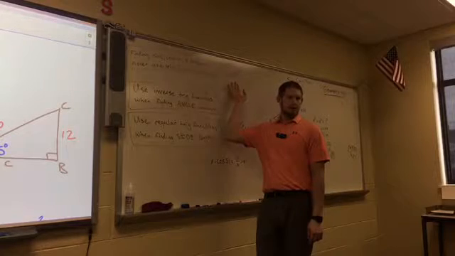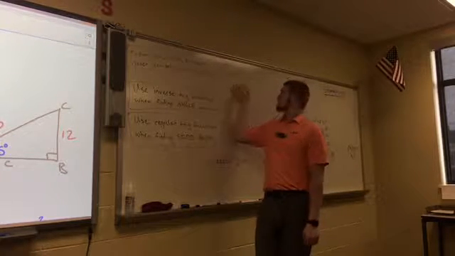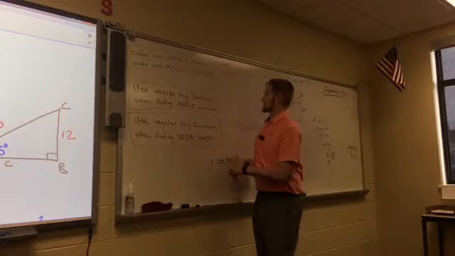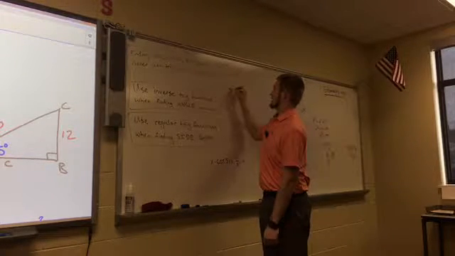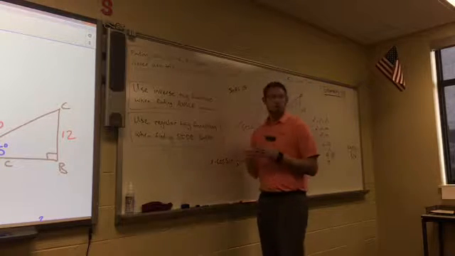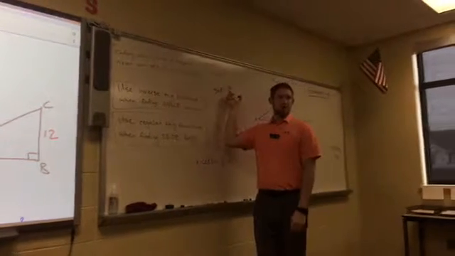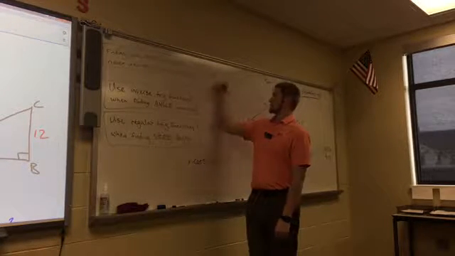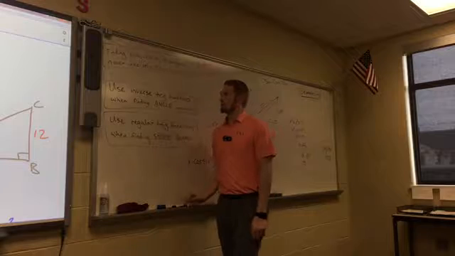What would you do to find the angle measure? It's going to look like sine of A equals 0.15. You do the inverse sine of 0.15 to find the angle A, right? Those were kind of confusing for some students.